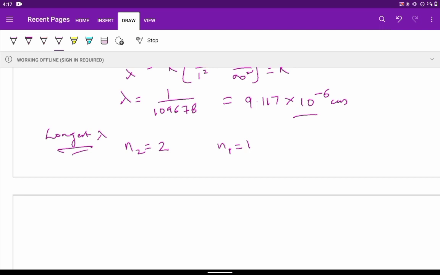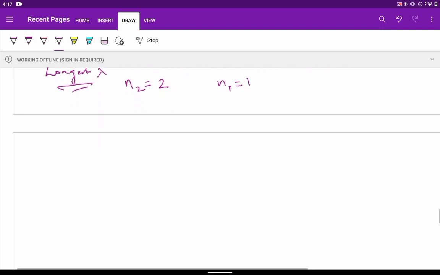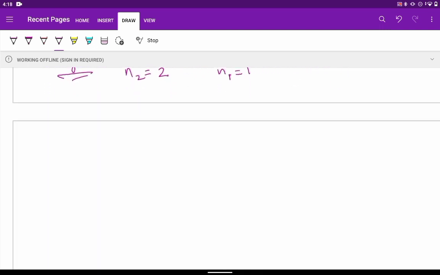So putting these values in the same equation, we get 1 by lambda equal to R into 1 by 1 square minus 1 by 2 square. So 1 by 1 square is 1 by 1, minus 1 by 2 square is 1 by 4. So 1 by 1 minus 1 by 4, that will be 3 by 4.